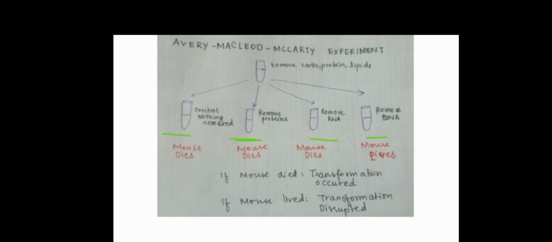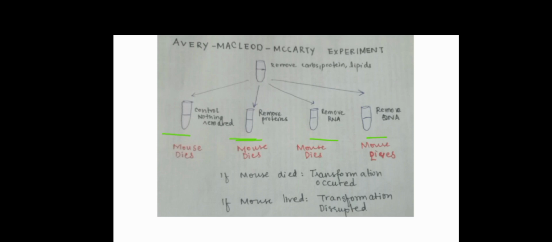They treated this sample with proteases and removed all the proteins from it. Then they injected this filtrate into a group of mice, and all the mice died again. So they found that protein is not responsible for transformation, because in the absence of proteins, transformation still occurred.